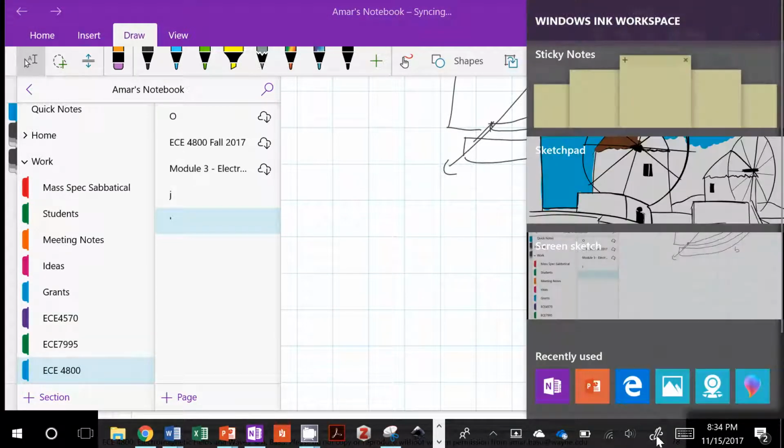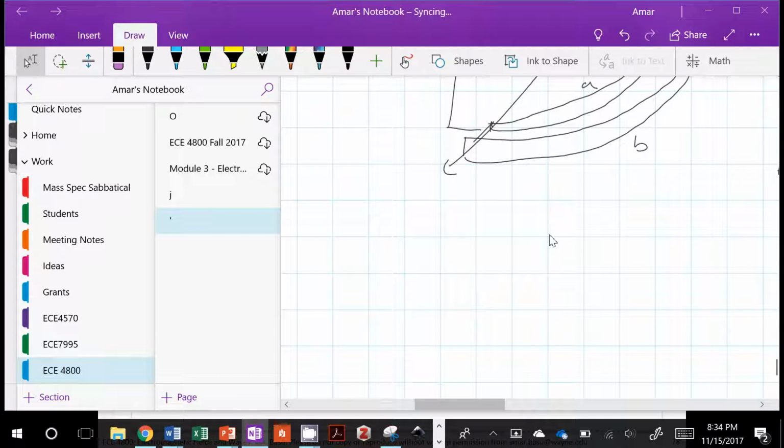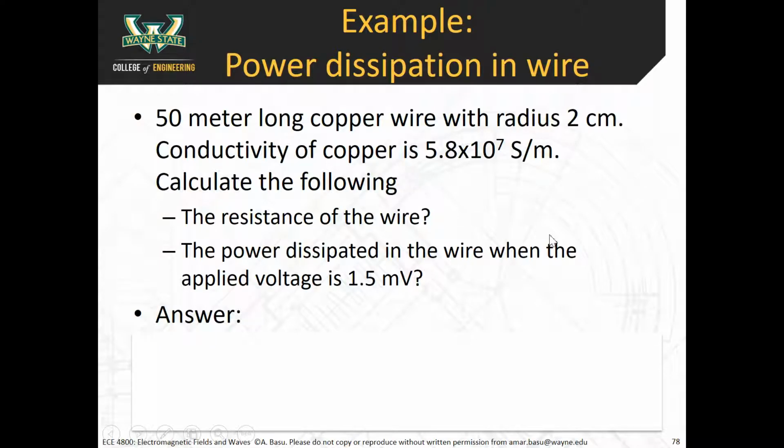All right, so any ideas? Resistance is equal to L over sigma A. A is 0.004 pi meters squared.